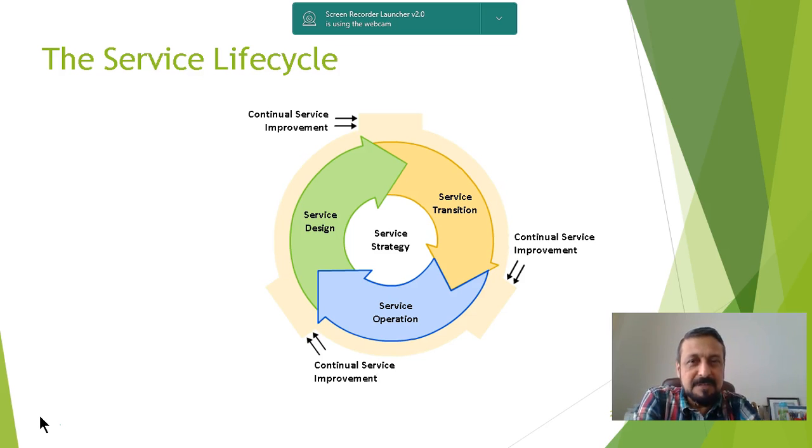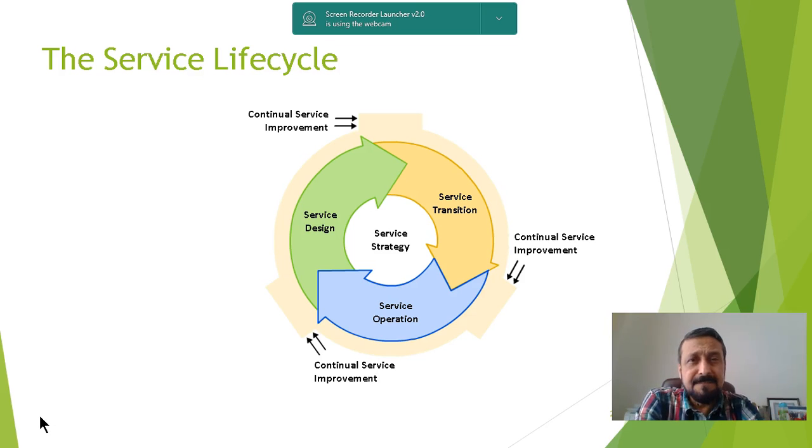And then from service transition we move into the service operation phase, where the service is now in operation, and everything we talk about in service operation relates to how we keep the service operational and keep it operating at an optimum performance level.